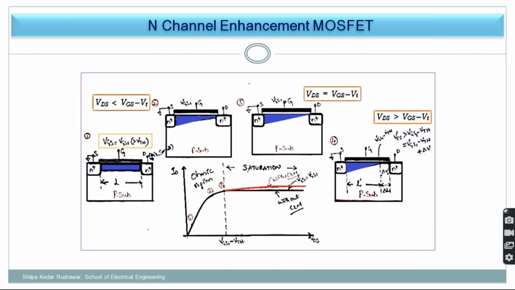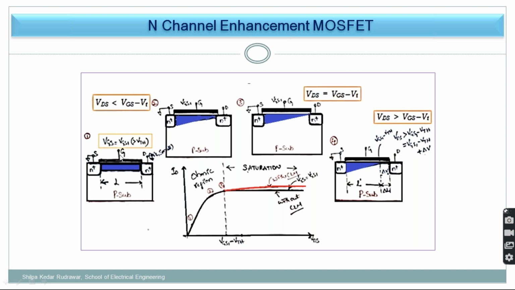Now everything on a single page. Just listen carefully, those who didn't understand the previous part. At the start, I have this P substrate. There are two N plus dopings, from source, drain, gate, and substrate.